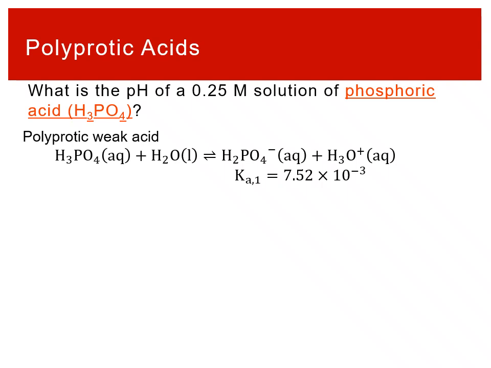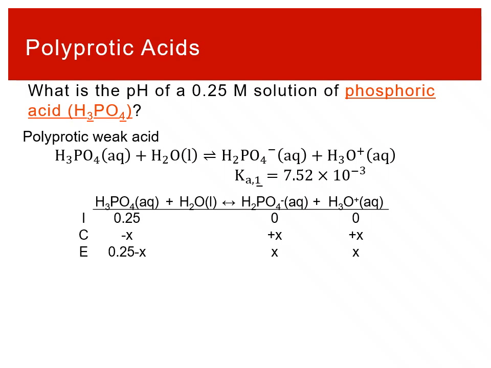I can look up the Ka for just the first deprotonation, Ka1, 7.52 times 10 to the negative 3rd. So this is going to be a weak acid, and I'm going to need an ice table, set up like my general ice tables for weak acid solutions.